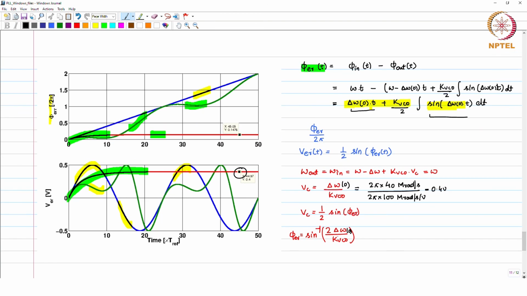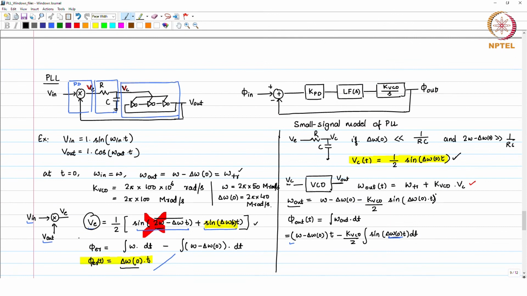Now, this particular phase error happens to be the sine inverse. You can calculate with respect to this value, and you will find that phase error by 2 pi is 0.1476. Okay. Here k VCO is 2 pi into 100 into 10 power 6 radians per second per volt, this mega radian per second per volt.